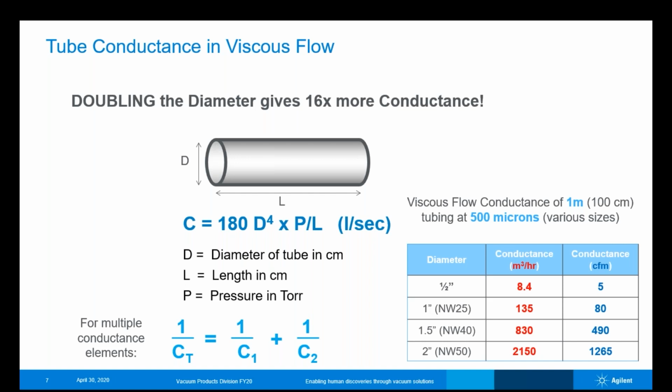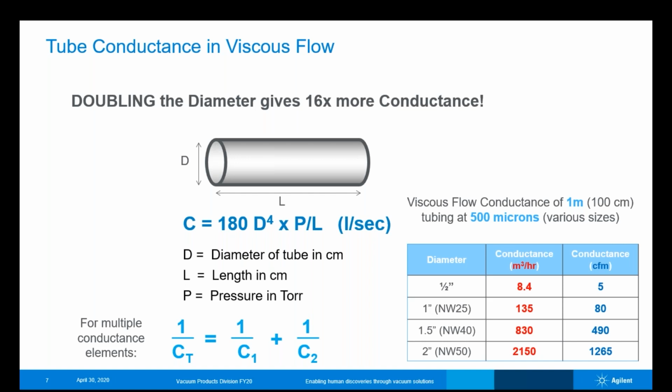What that means is that the maximum amount of gas I could get through half-inch tubing of 1 meter length, so 100 centimeters, at a pressure of 500 microns, would be 8.4 cubic meters per hour. If I had a vacuum pump of, say, 200 cubic meters per hour connected with this really small diameter tubing, I've effectively wasted most of my pump speed, because I'm only going to get a net pumping performance of something around 8.4 cubic meters per hour.